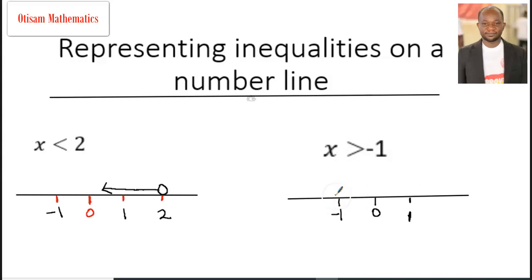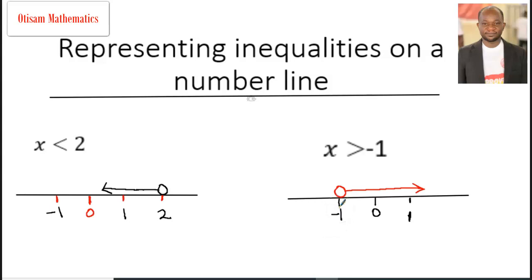So this is negative 1. You draw your circle, and then we are saying that numbers that are greater than negative 1. If you look at the right hand side of negative 1, all these numbers are greater than negative 1. So you draw an arrow pointing to this side. So all the numbers on the right hand side are greater than the number.